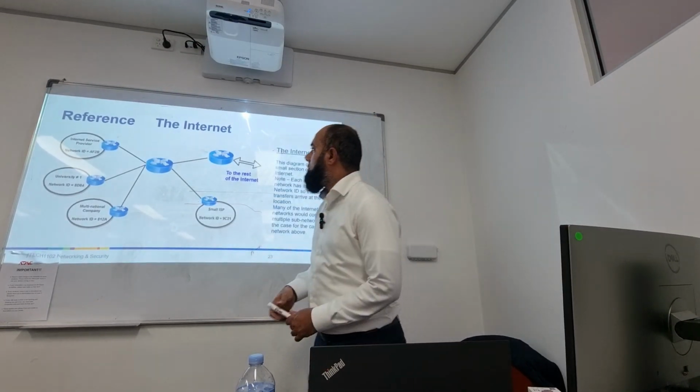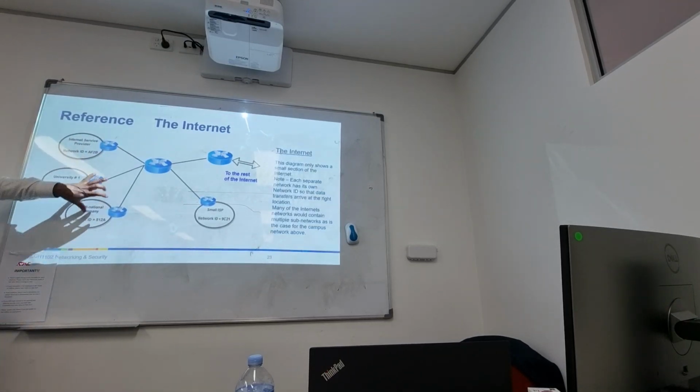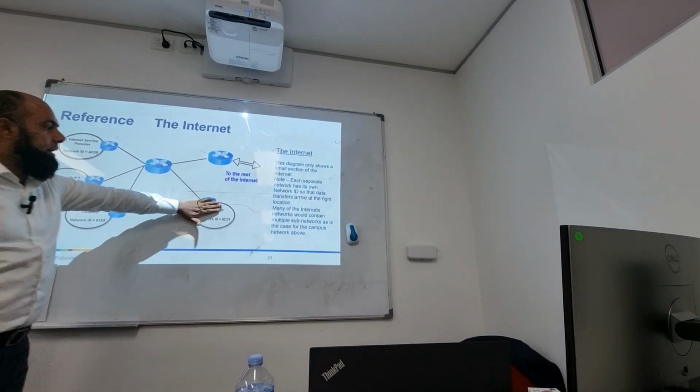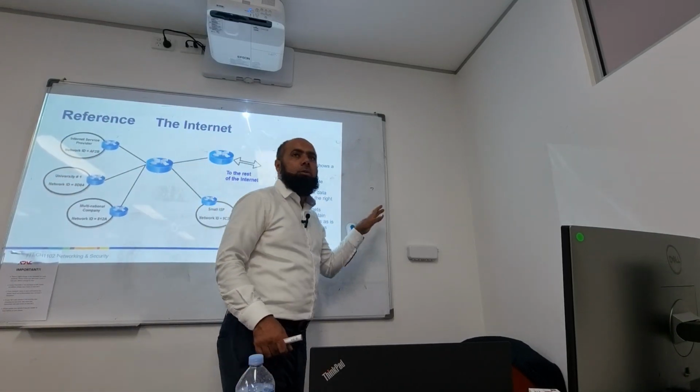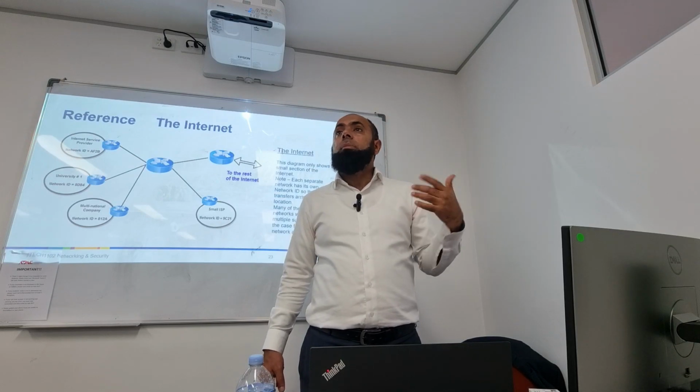You can see that they have network IDs. These are the routers, and between them you can judge where they are located. You can easily see with the routers' information where that information is coming from.